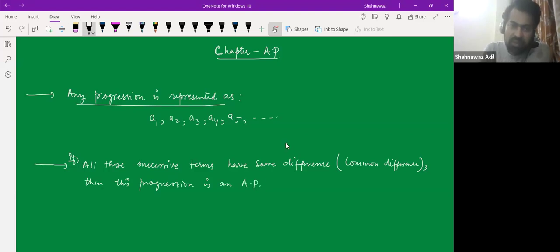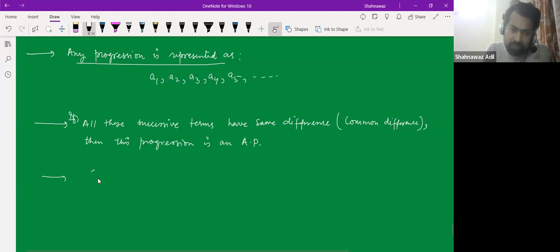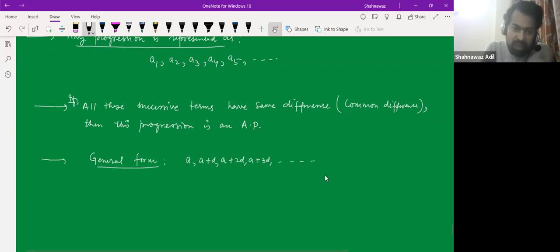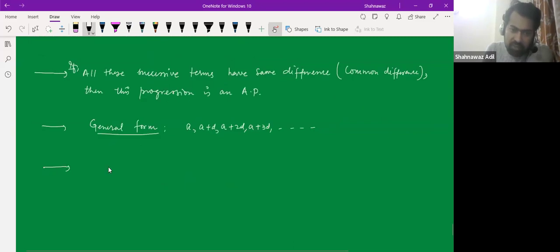And then what is the general form? The general form of an AP is this one. Then we have the nth term of an AP, represented by An, or sometimes denoted as Tn.